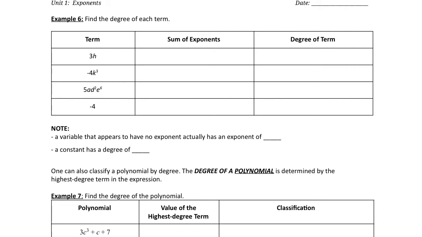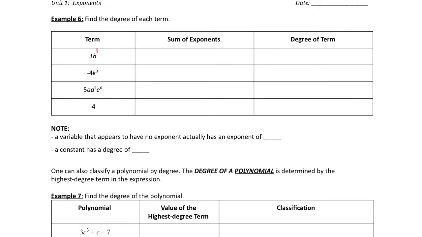So our first term is 3h. When we are looking for the degree, we are just looking for the value of the exponent attached to the letter. When I look at my letter h, I don't see an exponent hovering at the top, but I do know in math that if I don't see an exponent, that really means there is an exponent of 1.